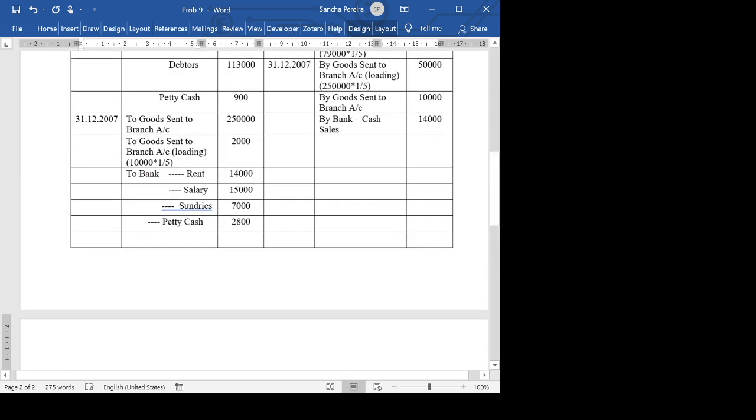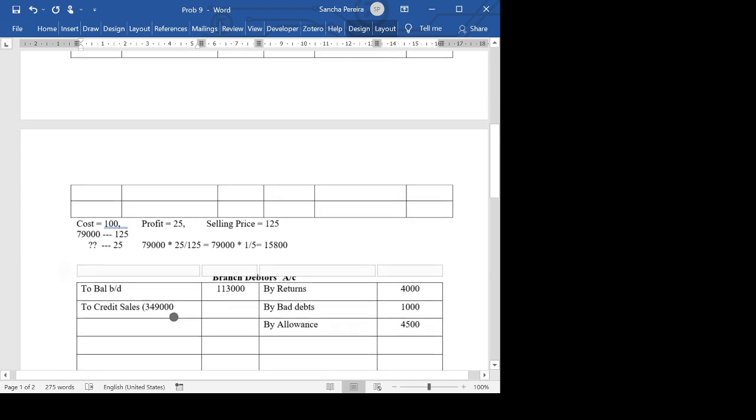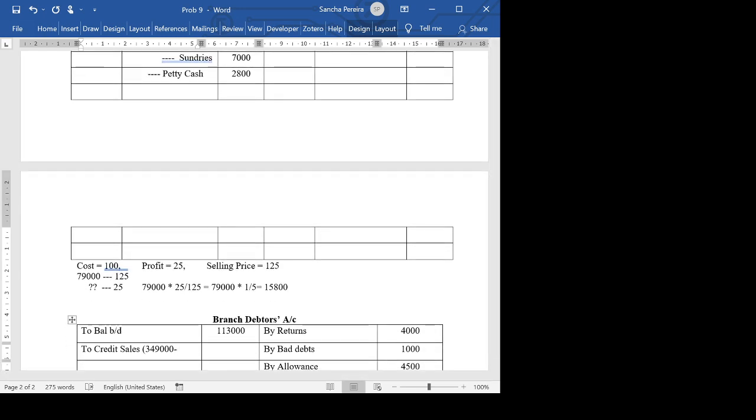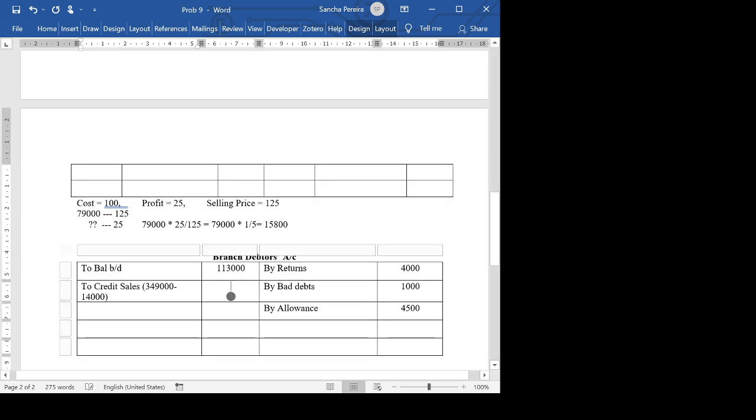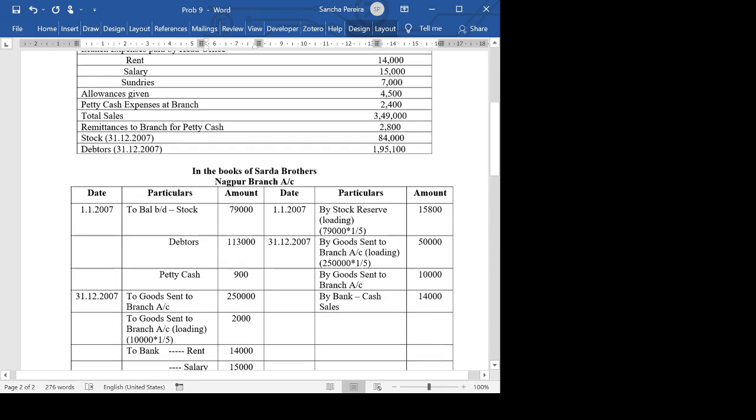We know our cash sales are 14,000, so 3,49,000 minus 14,000 gives me 3,35,000. So total sales minus cash sales will be the credit sales.